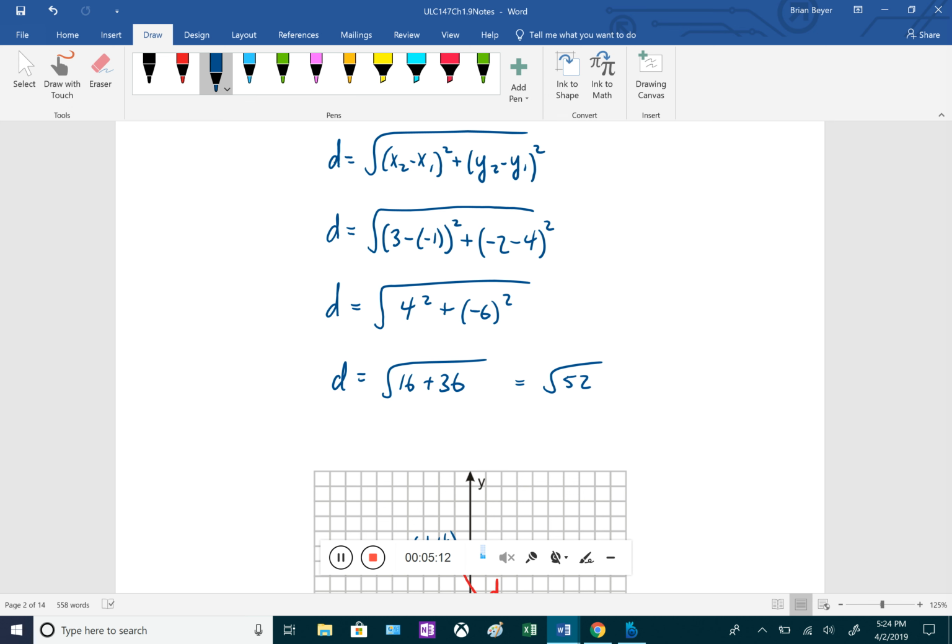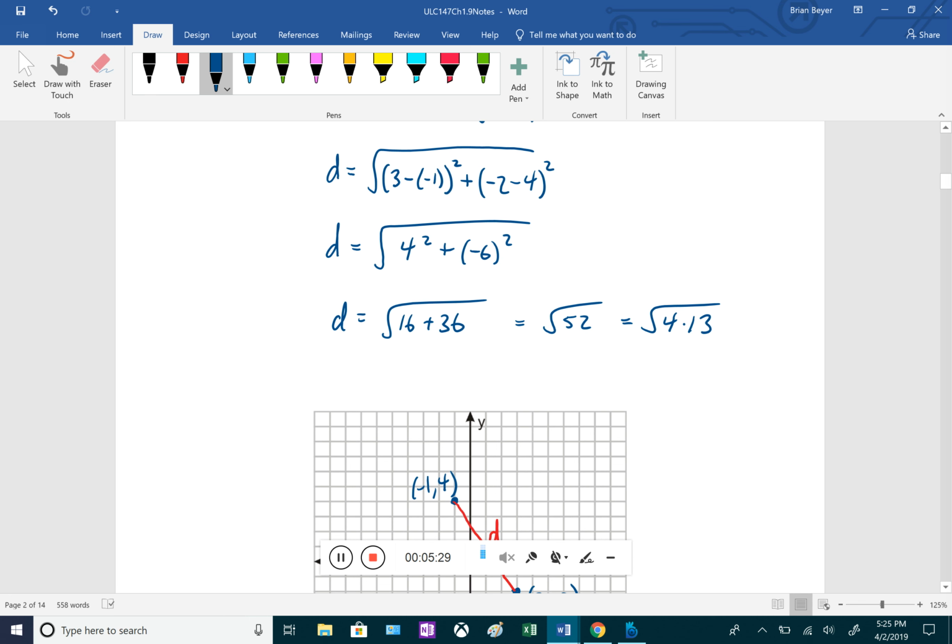We can think of two numbers that multiply to 52 where one of them is a perfect square. That would be 4 times 13. 4 is a perfect square, so the square root of 4 is 2. And the square root of 13 we just leave as is. So I'm just going to write this as d equals 2 radical 13.